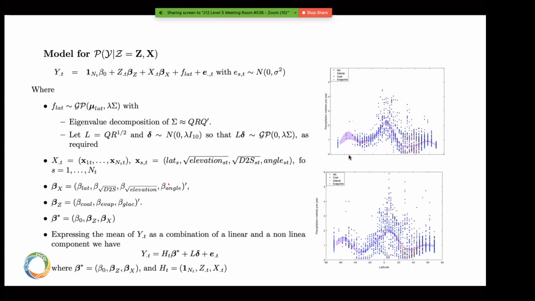So here, this L and delta play the same role as W and phi on the previous slide. In other words, we have a different covariance matrix. We do the eigenvalue decomposition, etc., and so we can write the product of that matrix times the regression coefficients as a GP. So that's all that is.